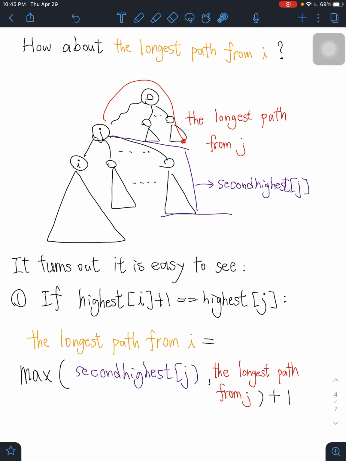So we have to eliminate that choice. So we can only choose the second highest, because the second highest will be a second longest path passing through a node other than I. Okay, so that would be easy to compute.